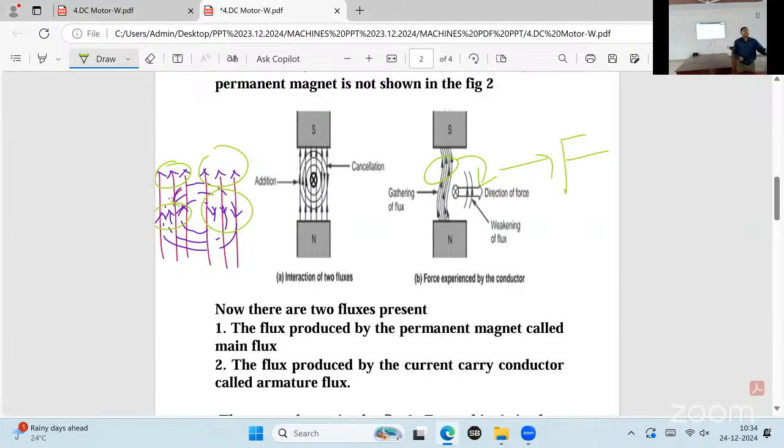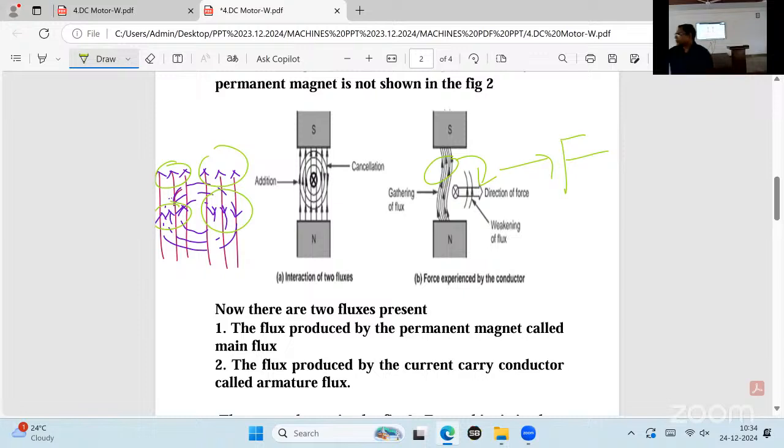Armature flux and main flux help each other, adding together. Once we get more flux, what will the flux do? It applies force on the armature automatically, so that the armature will rotate. This is the final conclusion of the working principle of a DC motor. This is the fourth diagram.